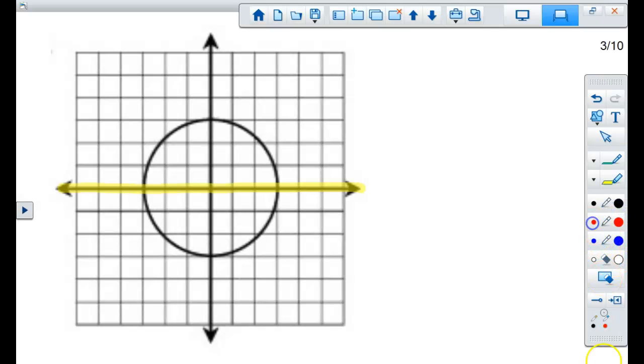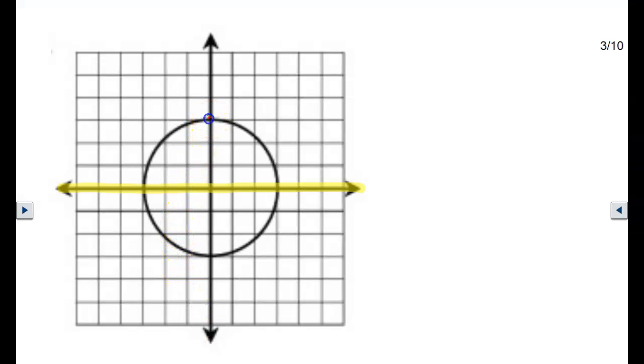Now, here's what I'm going to do. We know that this circle is made up of an infinite number of points. So I'm just going to go over here to my circle, and I'm going to choose a point that's on the circle. I'm going to pick this one right here. Now, because that point is on this graph, I know that it has an x-coordinate and it has a y-coordinate.